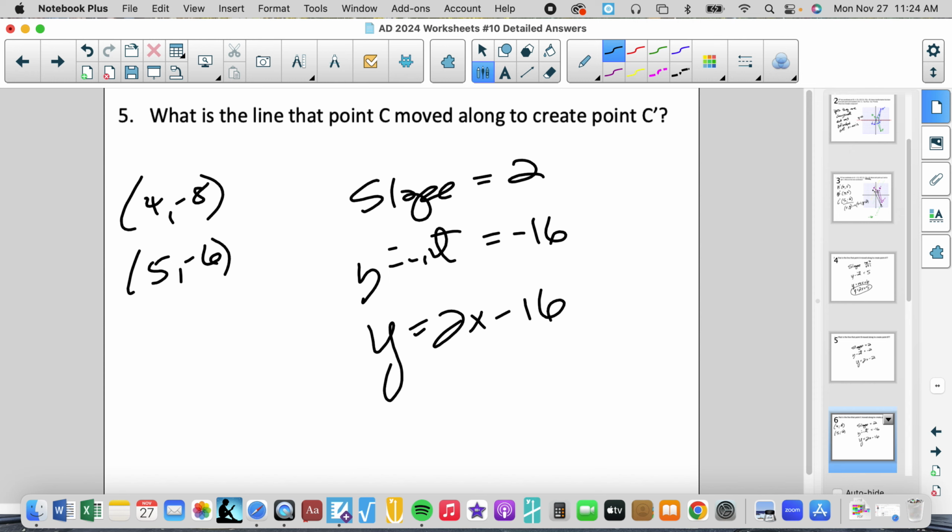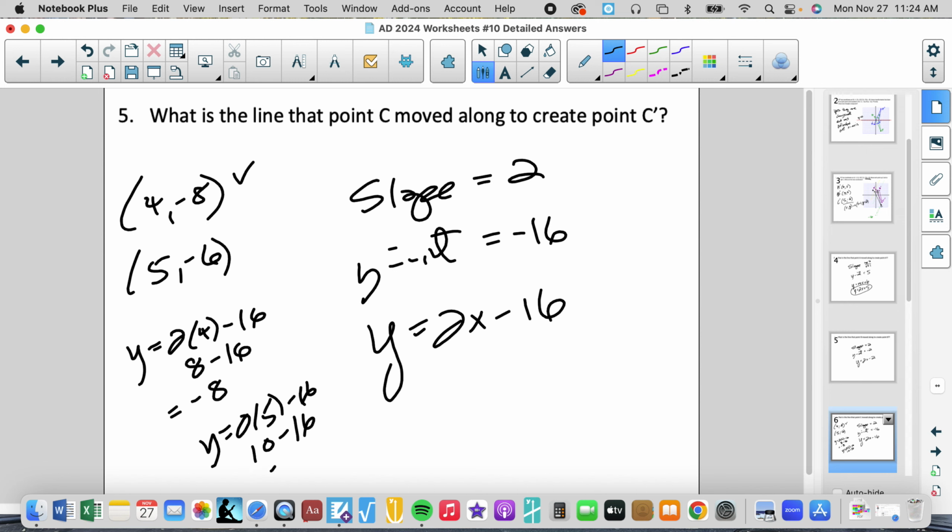If we plug those x values in, y equals 2 times 4 minus 16, which is 8 minus 16, which is negative 8. That checks out. And y equals 2 times 5 minus 16, 10 minus 16 is negative 6. So that's another way that we can make sure this equation represents those points, which it does.